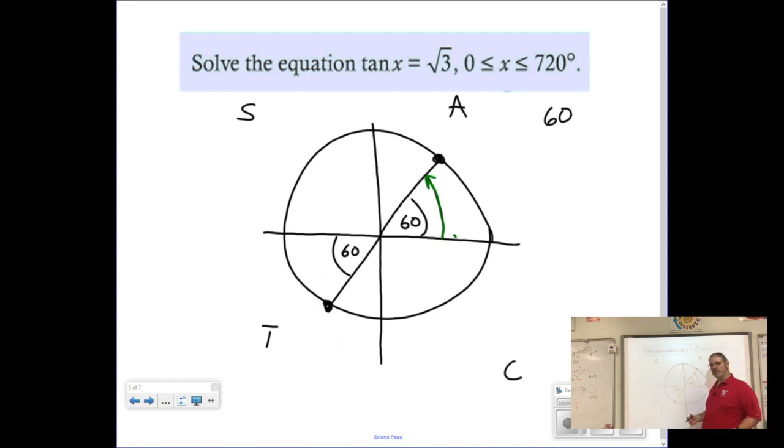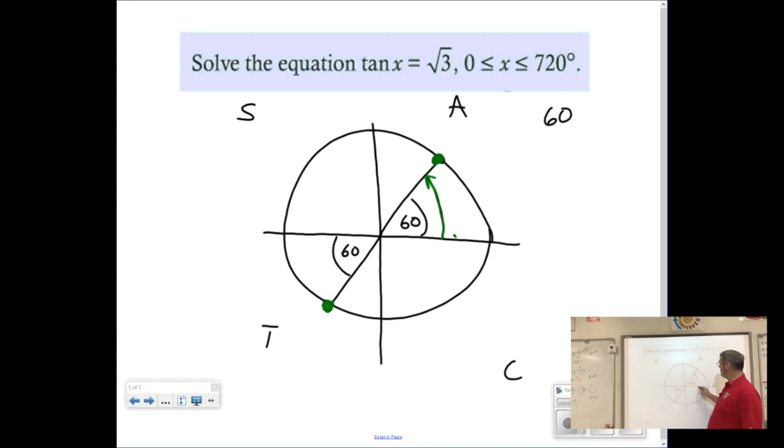What does that mean? Well, one full revolution is 360, but they want 2 full revolutions. So going around twice, how many times are we going to hit this point and this point?